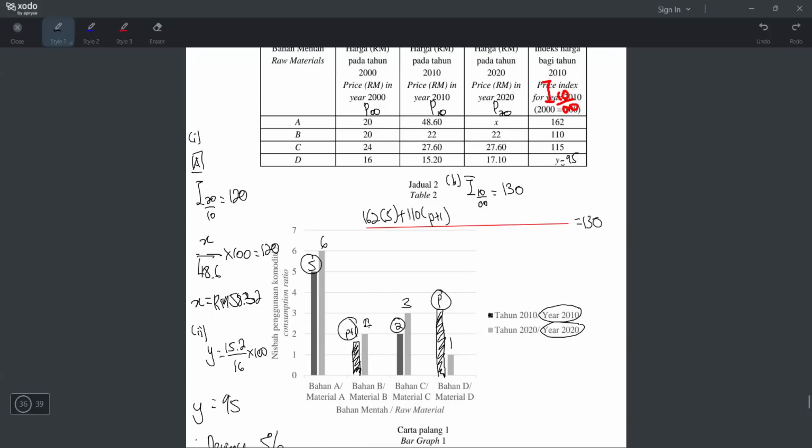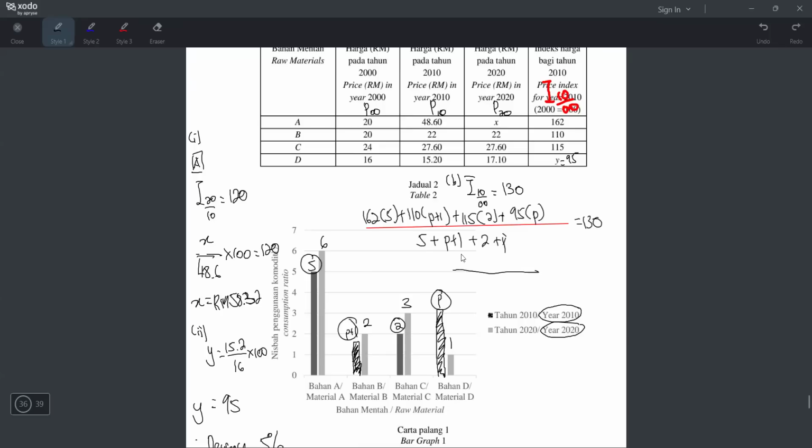Okay, jangan ambil 2 ah. I already said you have to take the dark color one because it's 2010 punya weightage. The latest year for this is 2010, not the bright color one, which is for 2020. Okay, tambah the next one is 115 times with 2 and then plus with 95 times P over total weightage 5 plus P plus 1 plus 2 plus P.